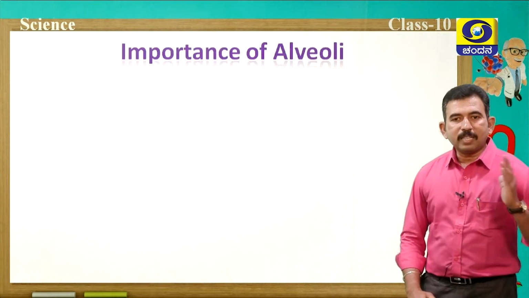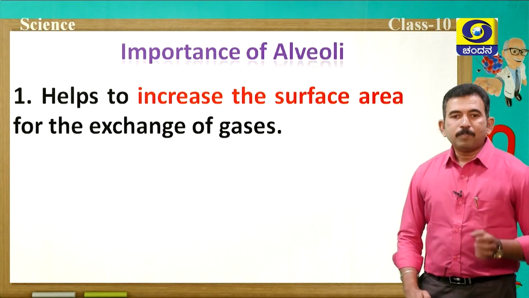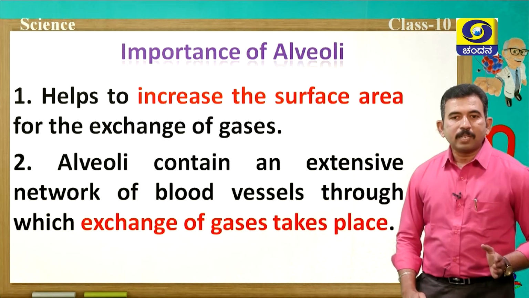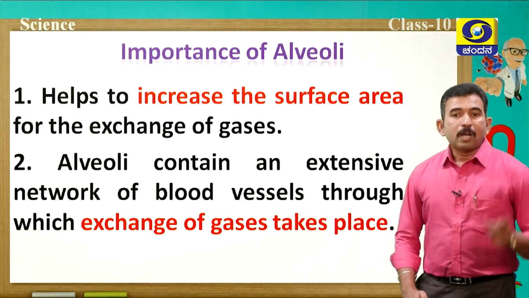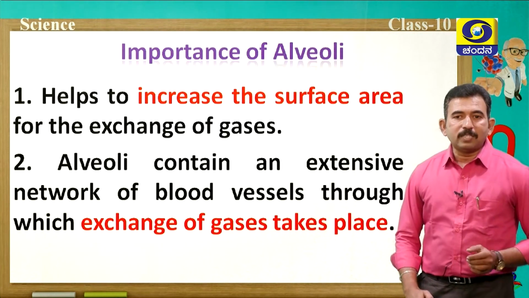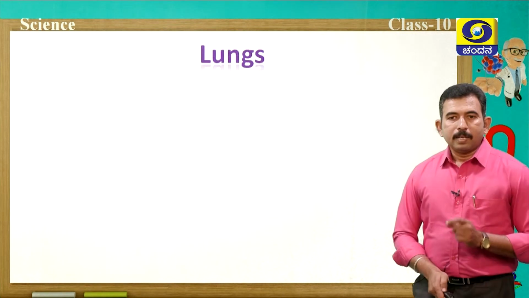Now let us discuss the importance of alveoli. Alveoli help to increase the surface area for the exchange of gases, and as I told you, alveoli contain an extensive network of blood vessels through which exchange of gases easily takes place. Lungs.